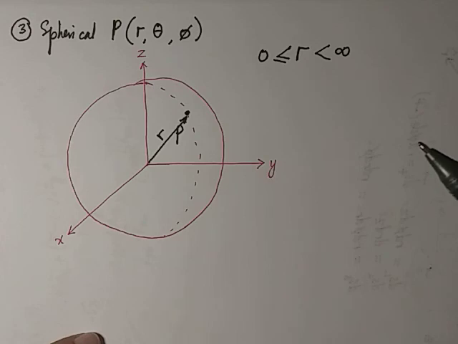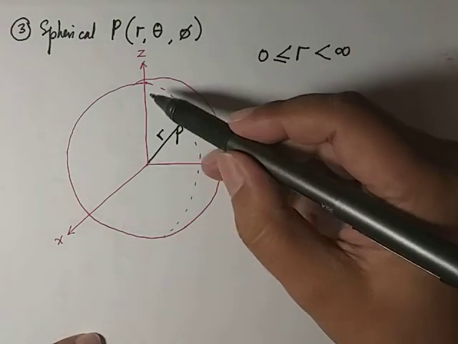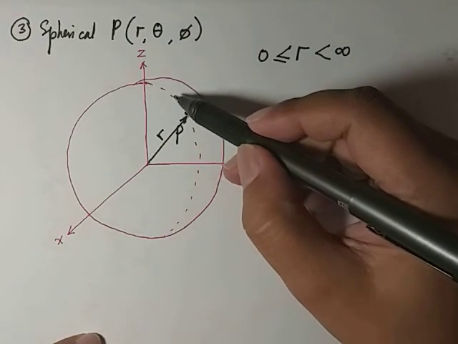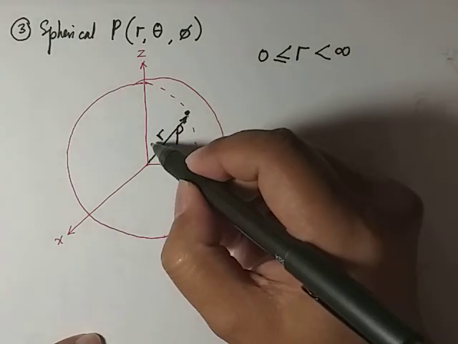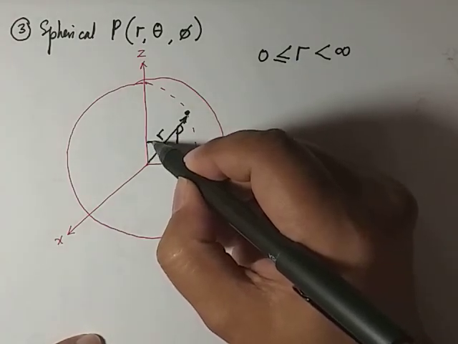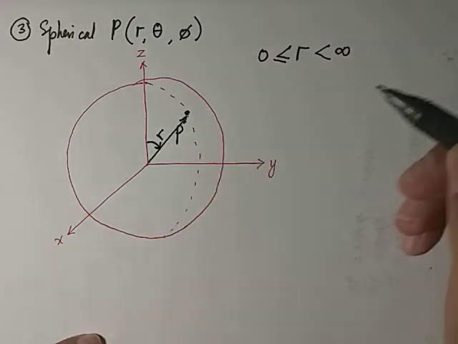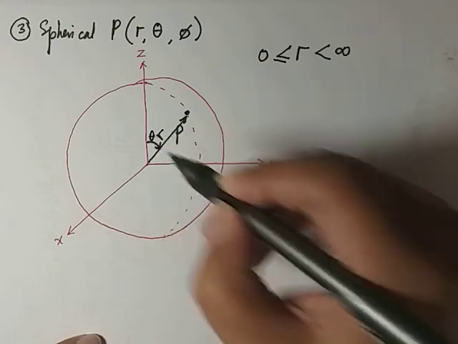Now, the second variable here is theta. Theta is defined as the angle that we must refer to according to this longitudinal line. So what does our theta mean here? Theta is the angle starting from the z-axis. You move it until it arrives at the radius of the sphere. So this should be our theta.